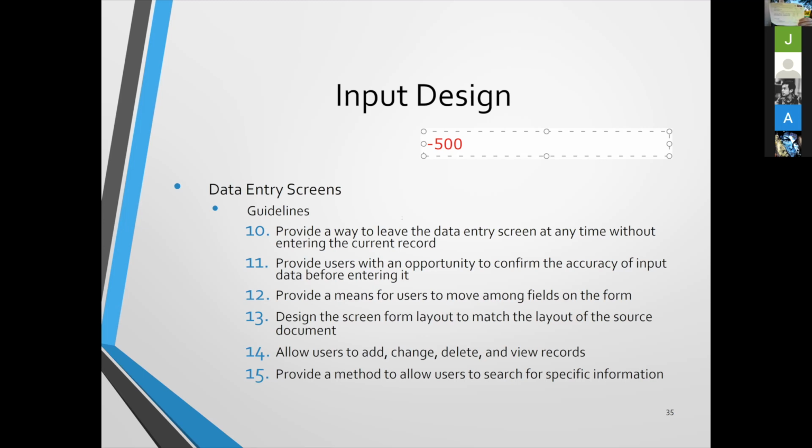So that when the data entry person enters the data, they do it easily because the screen and the paper are similar. So it makes the data entry person finish the task quicker, and it helps them to enter the data correctly.